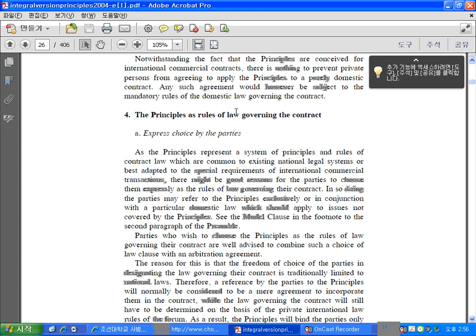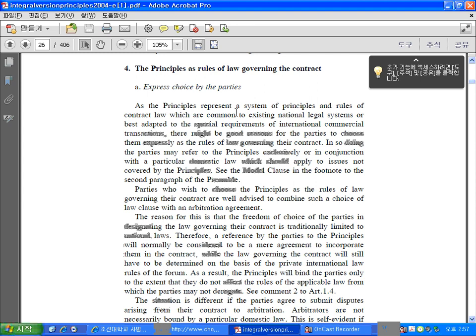The principles represent a system of principles and rules of contract law which are common to existing national legal systems, but best adapted to the special requirements of international commercial transactions. There might be good reasons for the parties to choose them expressly as the rules of law governing the contract. In so doing, the parties may refer to the principles exclusively or in conjunction with a particular domestic law which should apply to issues not covered by the principles.